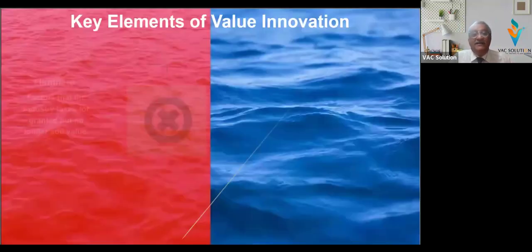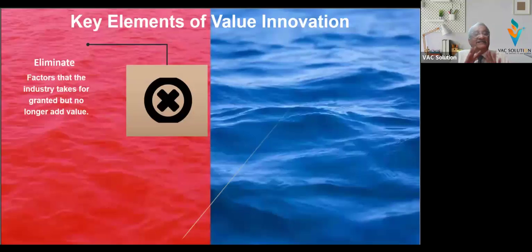First thing is to eliminate factors that the industry takes for granted but are no longer of any value. There are many companies who have done that. The most common example, the first company to do it, was Cirque du Soleil. They were a circus company.